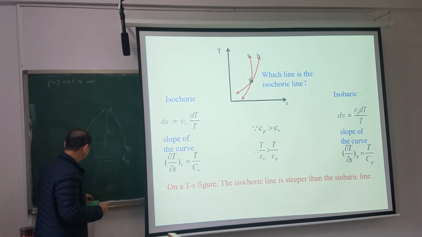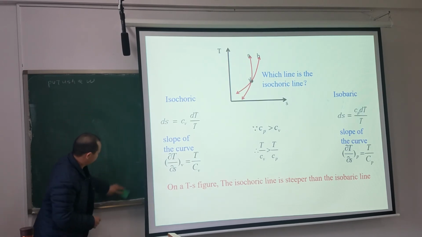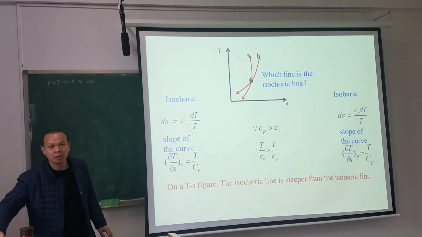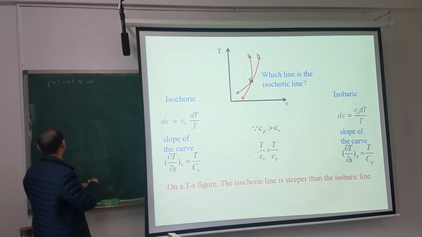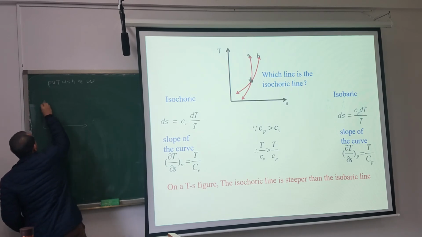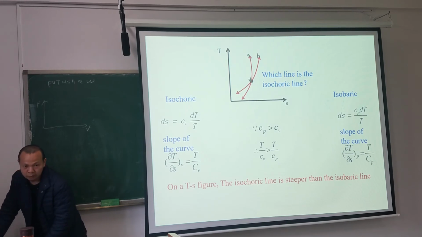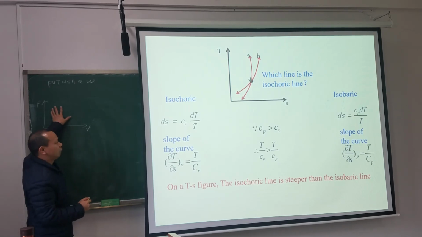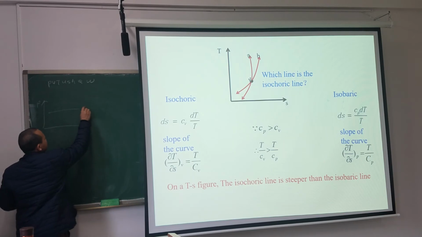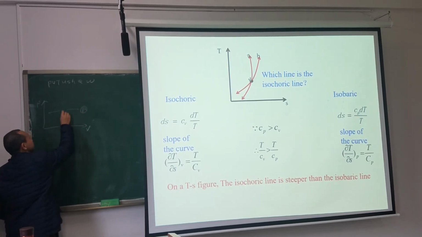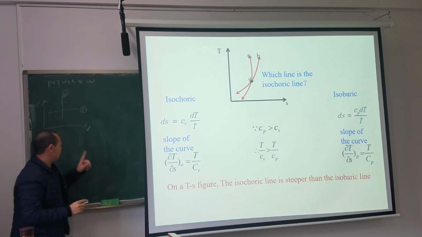We can draw the constant volume line and the constant pressure line on the PV figure first. For this one, it's a constant pressure line. And for this one, it's a constant volume line.